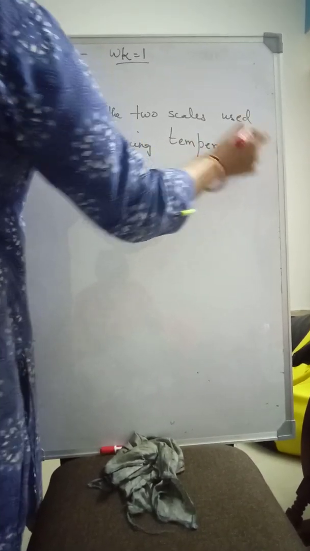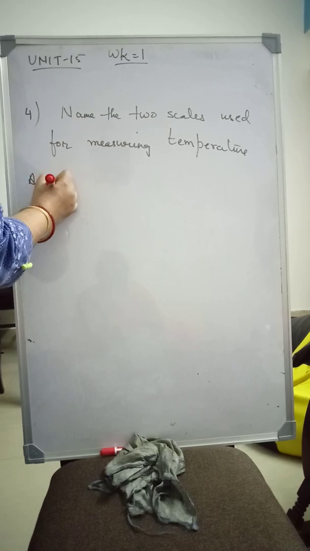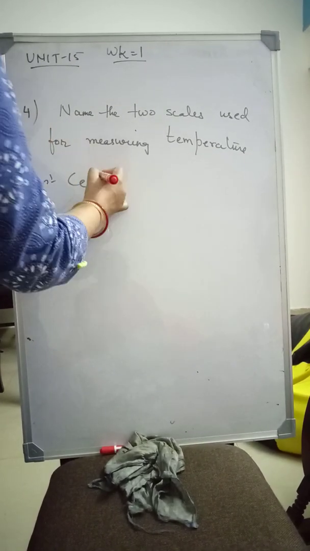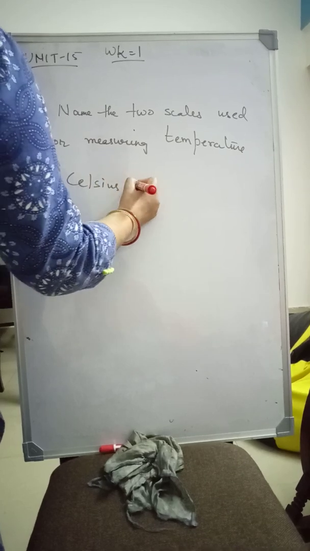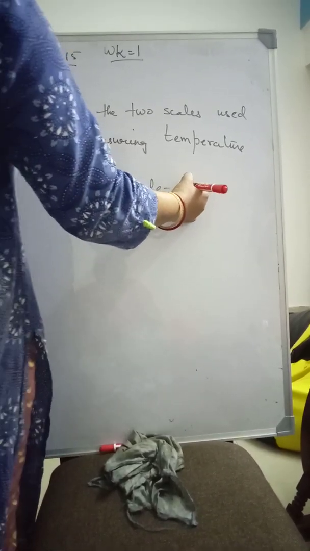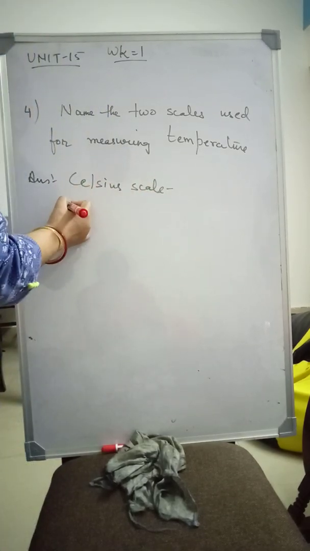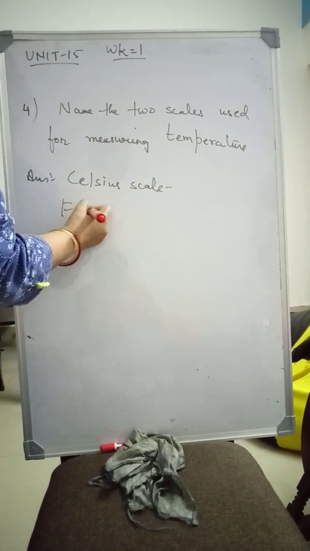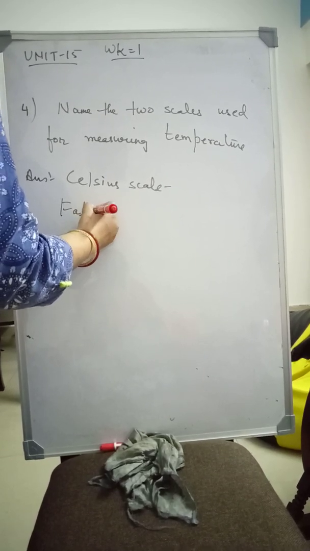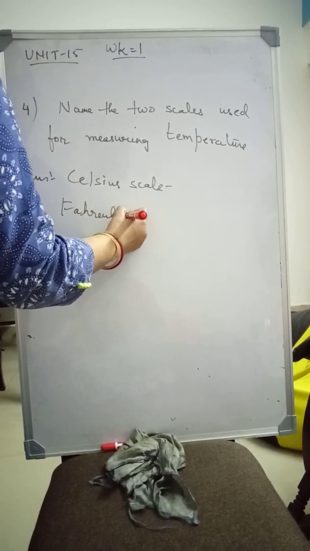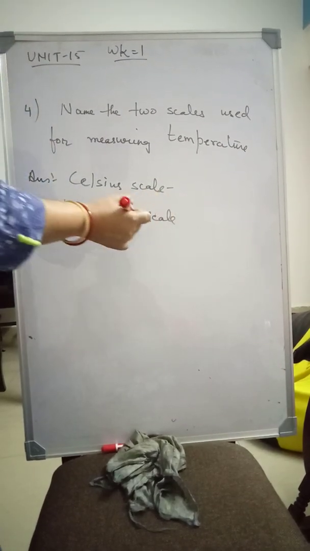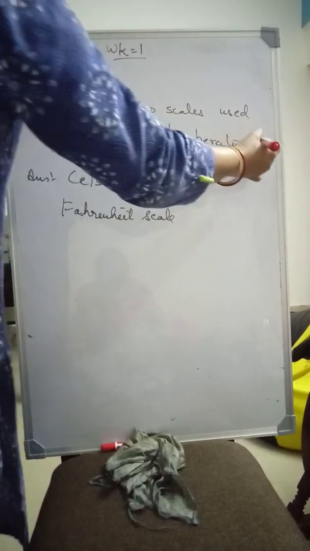The two scales that I have told you, the first one is Celsius scale, which is named after the Swedish astronomer A. Celsius, and the second one is Fahrenheit scale. Two types of scales are used for measuring temperature.